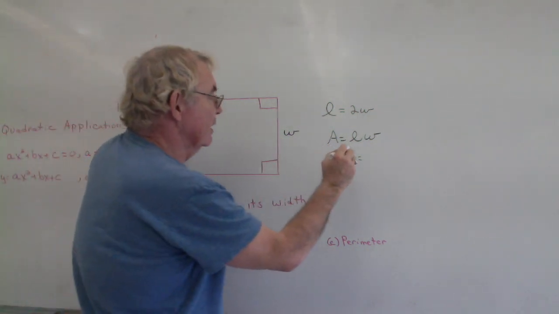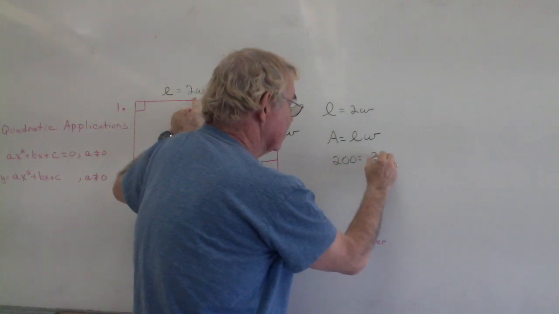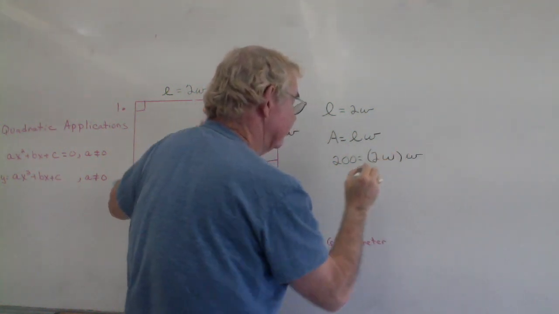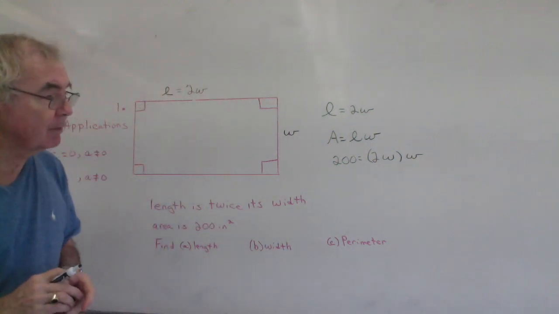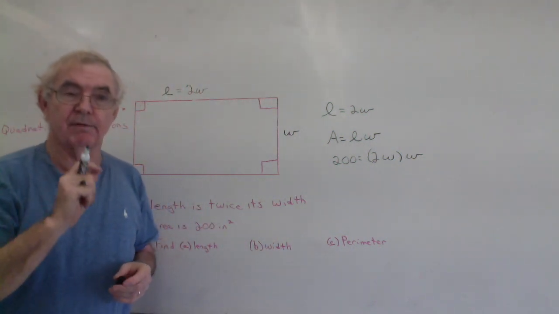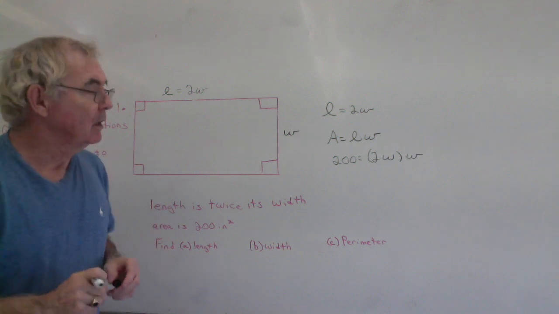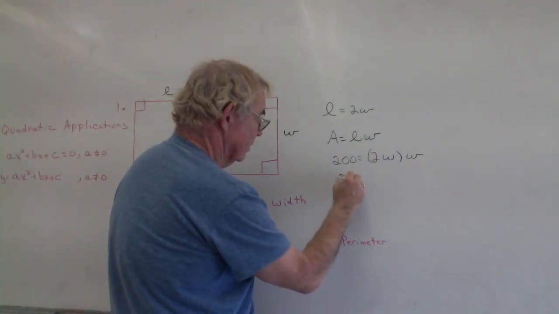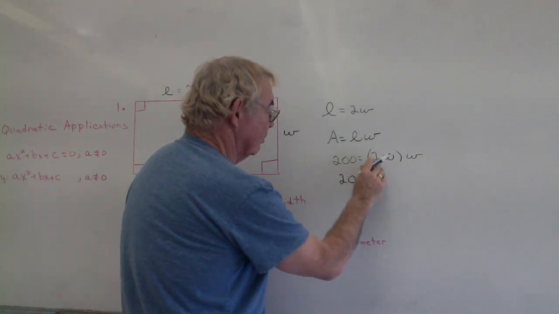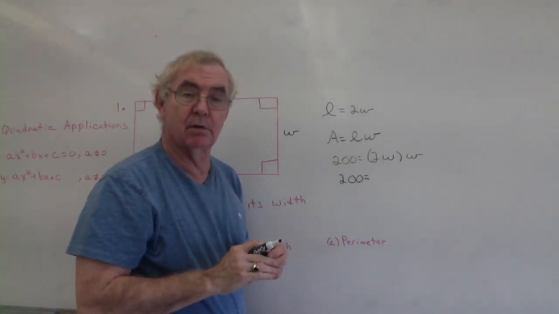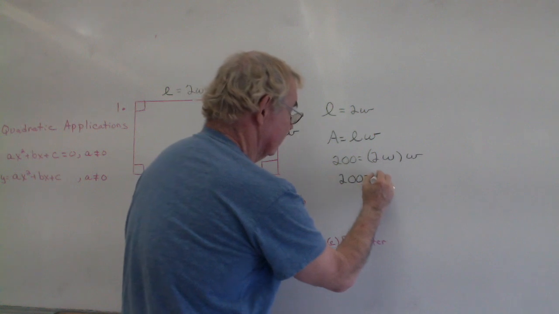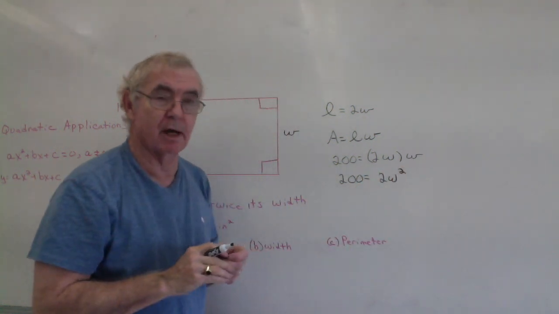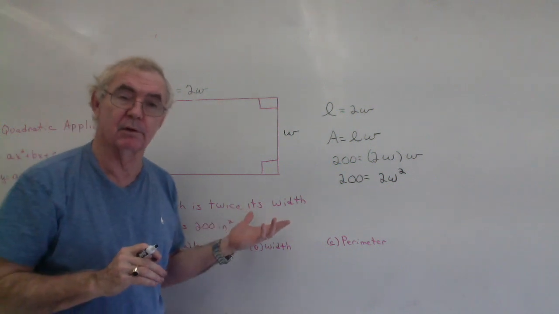L becomes 2W times W. Now we have an equation in one variable, W. So we have 200 equals 2W times 1W, which is 2W squared. And there we go, we have a quadratic equation, exponent of 2.